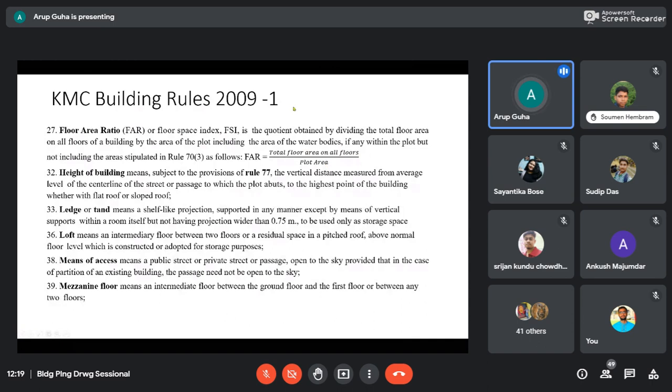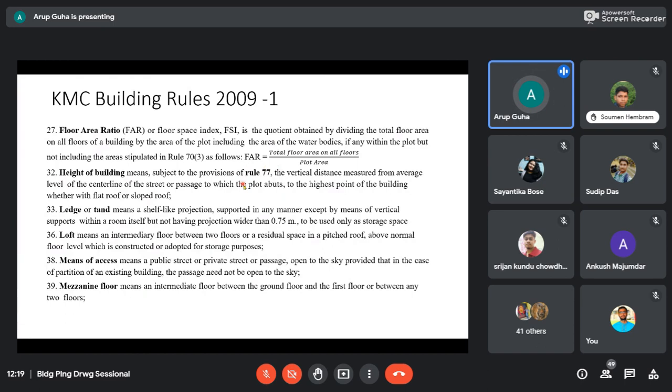That is being regulated depending upon the road frontage that you have and the size of land that you have, which will govern the available FAR. You cannot go beyond that FAR. We will come to that. Then height of building, what does that mean?